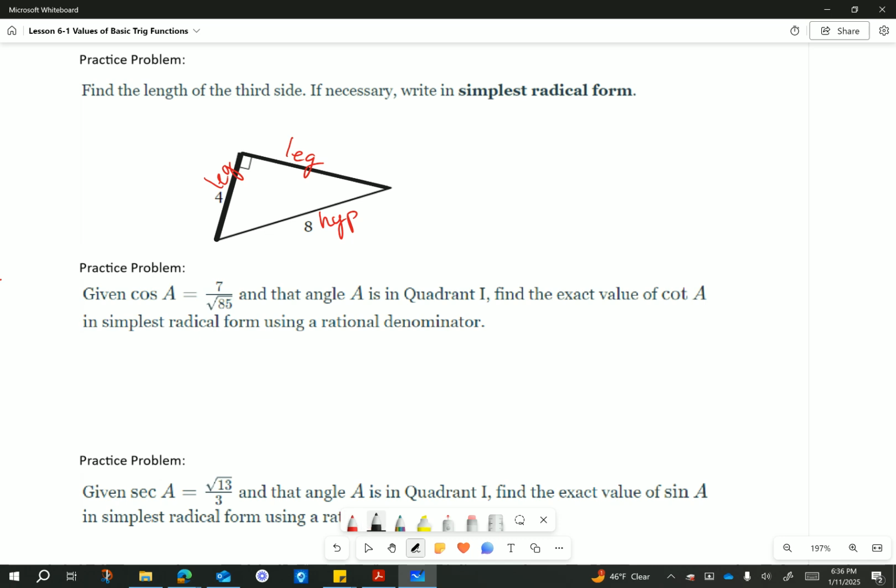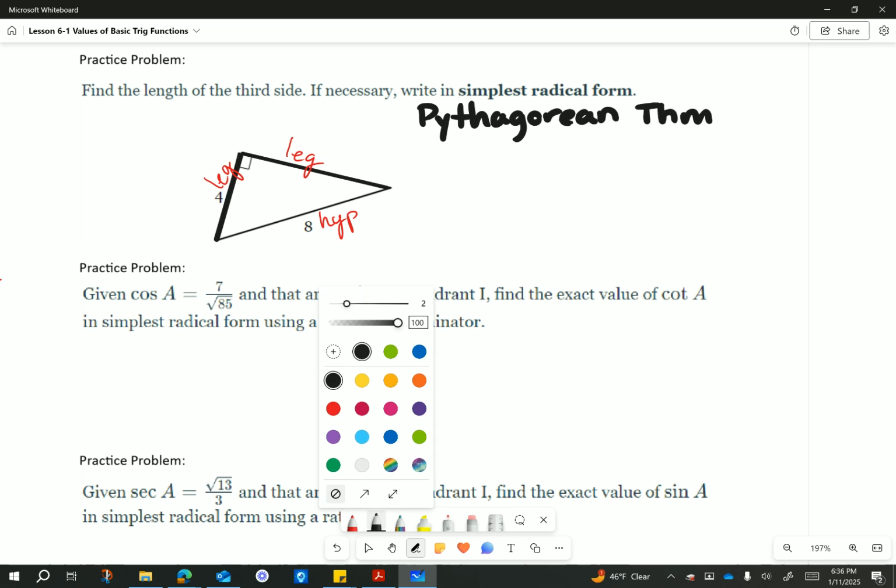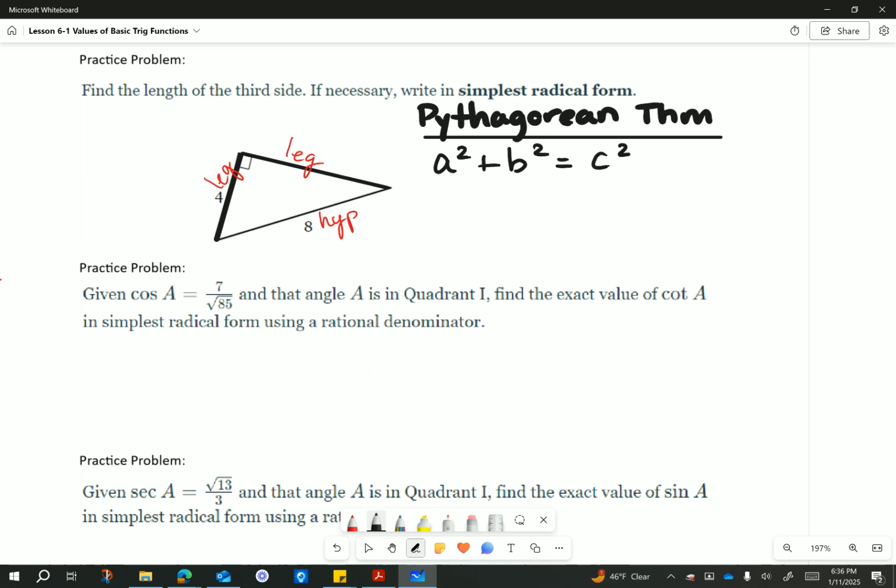We do know that the Pythagorean theorem, let's write this down, the Pythagorean, oh, forgot the N, the Pythagorean theorem is something that students tend to remember quite readily, and that's a squared plus b squared equals c squared.